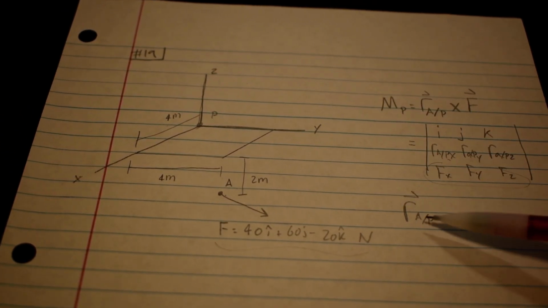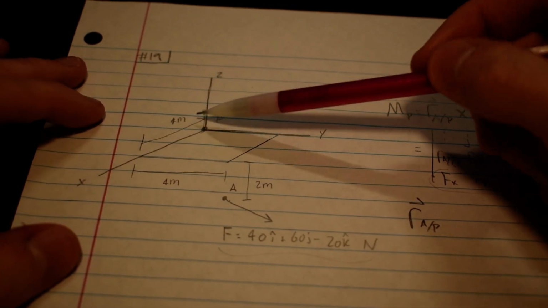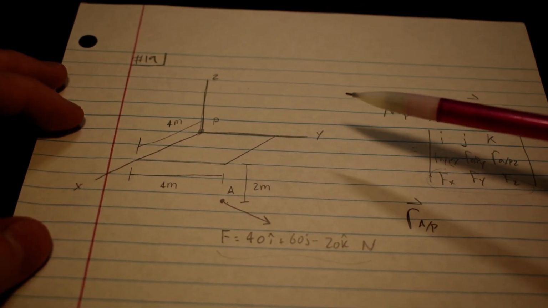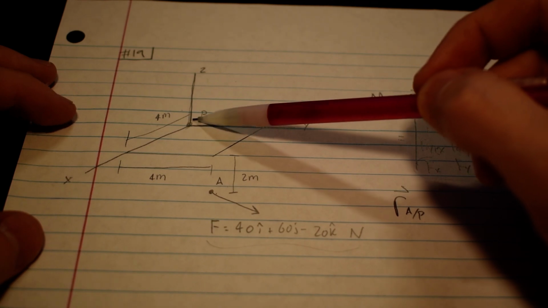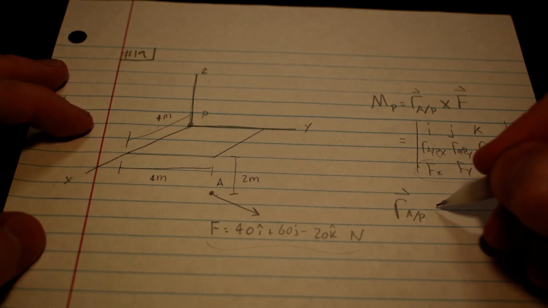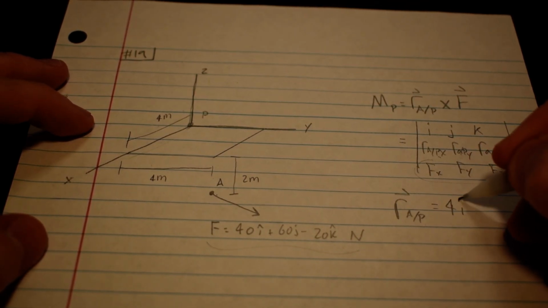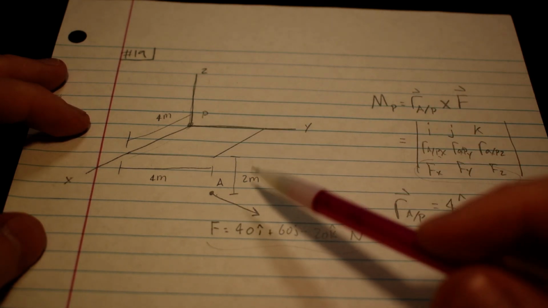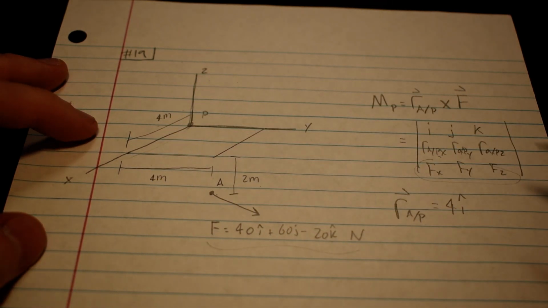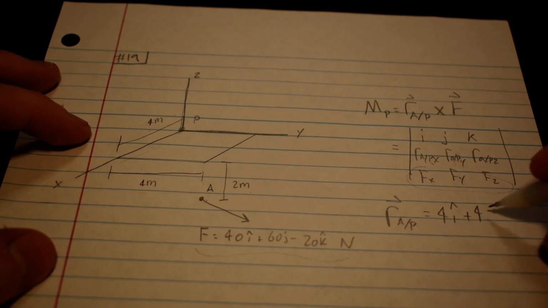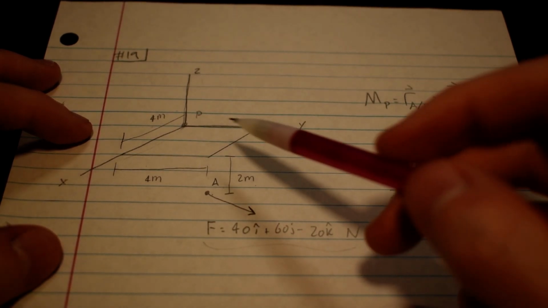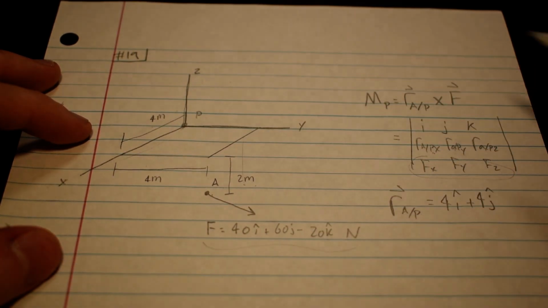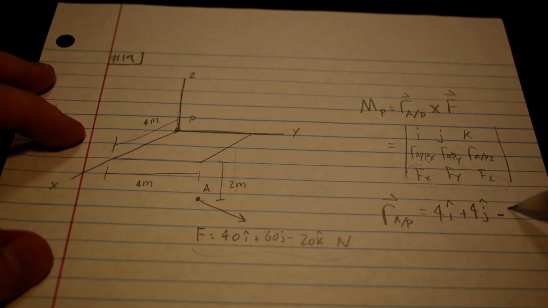Since we're finding A with respect to P, we want to go from P to A. In the x direction, we have to travel plus 4 meters, so we write 4i. In the y direction, we travel plus 4 meters, so plus 4j. And in the z direction, we have to travel down 2 meters, so minus 2k.